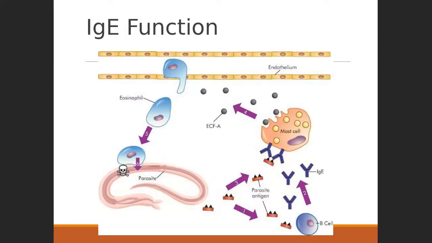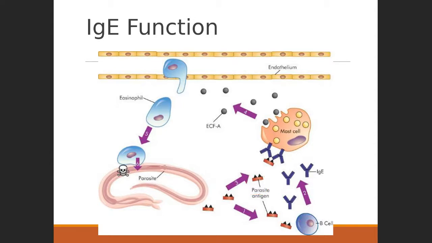We see an example of an indirect here with our IgG function, to see how we can get interactions between the antibodies and the various cells. We have a parasite that's invaded the body, starts producing these parasitic antigens. It's recognized by a B cell, which then produces antibodies.